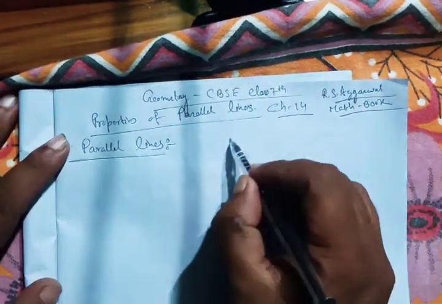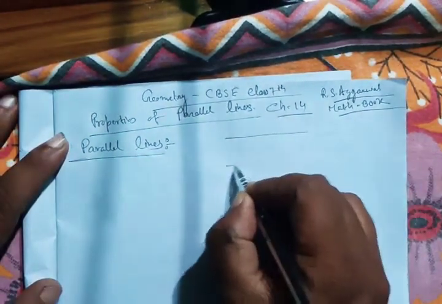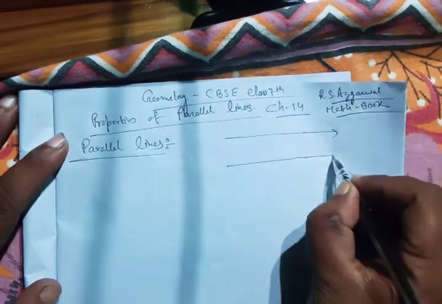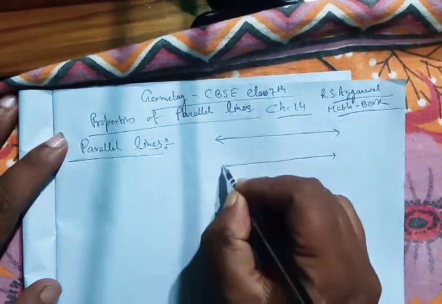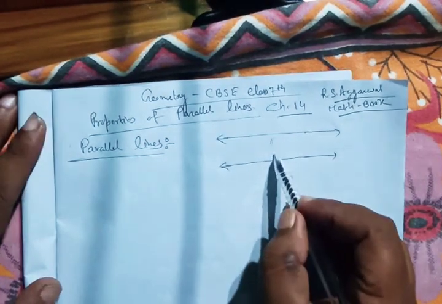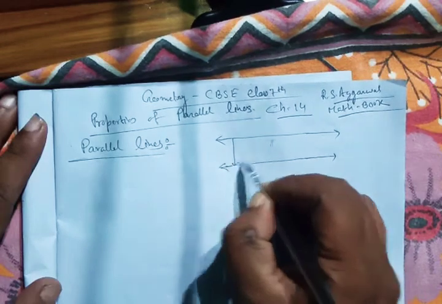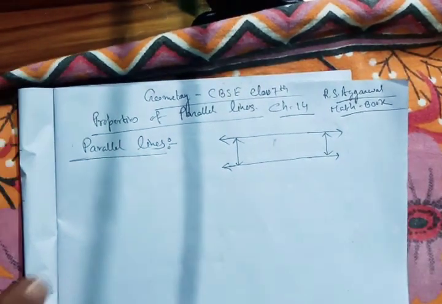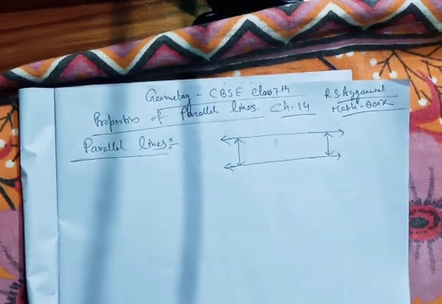If we take two lines and extend them on both sides, and they never meet, that means the distance between them remains the same, then those lines are called parallel lines.